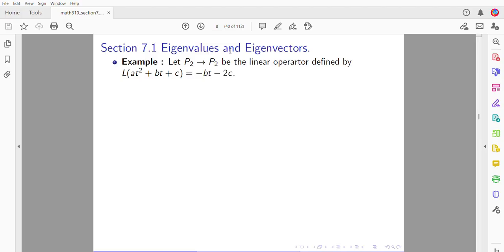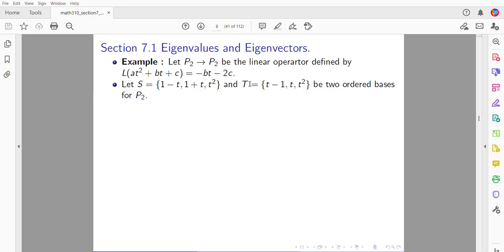Let L be a linear operator from P2 to P2. Remember P2? Degree 2 or less polynomials. So what is the operator? I have defined it as L of (at squared plus bt plus c) equals negative bt negative 2c. So you see degree 2 is missing, so I'm actually landing in degree 1.